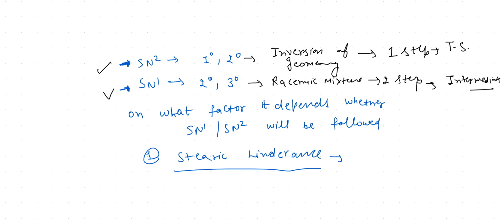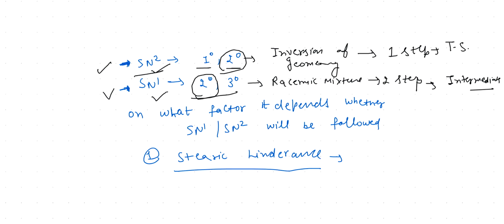And of course, I have told about the rate of reaction and what kind of alkyl halides follow which mechanism. Primary and secondary follow the SN2 mechanism, and secondary and tertiary follow the SN1 mechanism. We are saying secondary may follow either SN2 or SN1.